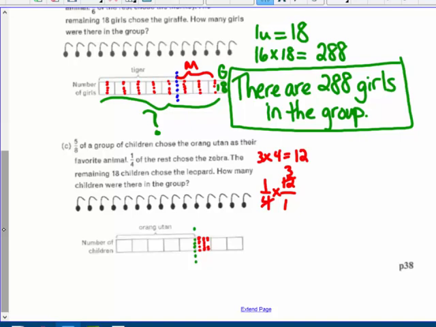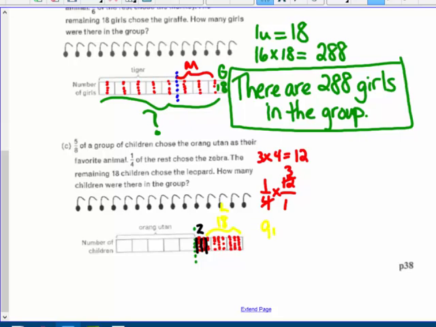So 3 parts of this, if you can do it real carefully, cut into 4 equal parts. Doesn't look like it on here. We need wider bars. So a fourth of them would be 3 of these, so that would be this little piece, and this little piece, and this little piece represents the zebra.